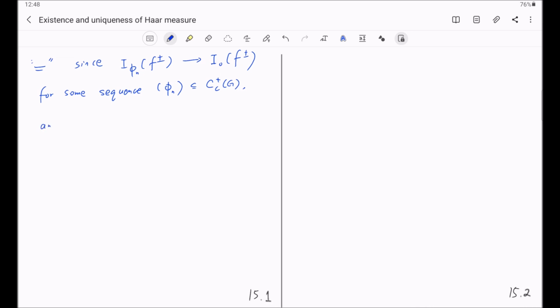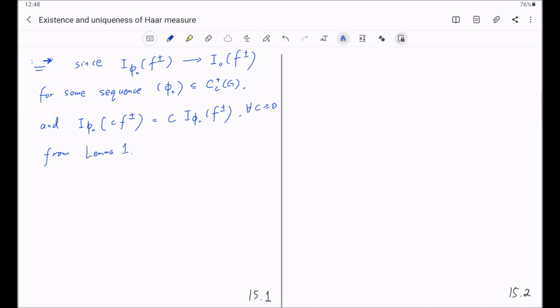And I sub phi n of some constant c times f plus or f minus is equal to this constant times I sub phi n of f plus or f minus for any c greater or equal to 0. This is from our lemma 1.